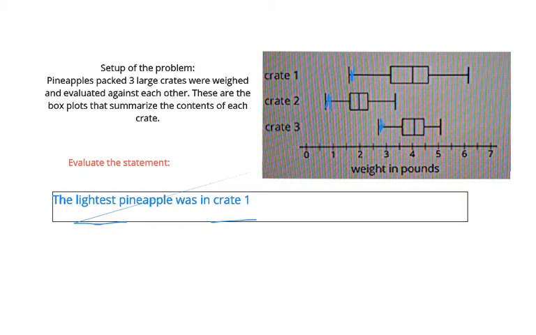When we look at crate 2, we already know that this statement is false, because crate 2 already has 1 pineapple in the 1/2 pound section. So this screws up that whole statement. We're going to say no, it is not crate 1, it is crate 2 that has the lightest pineapple.